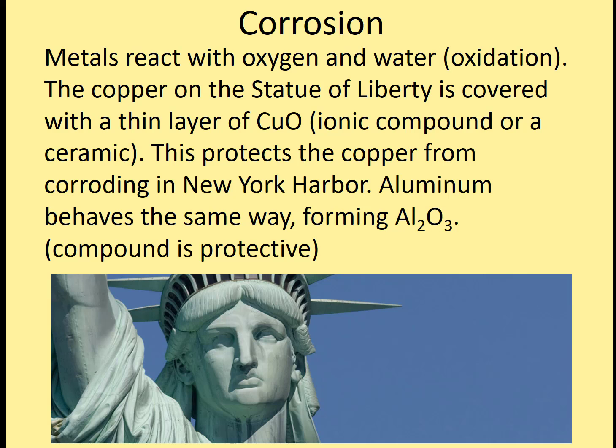And again, it's very protective. It doesn't extend all the way through the sample, just that top few atom layers is where you will find this coating. That's why aluminum foil still bends like a metal, because it's just the very, very top atom layers that will be this ceramic.